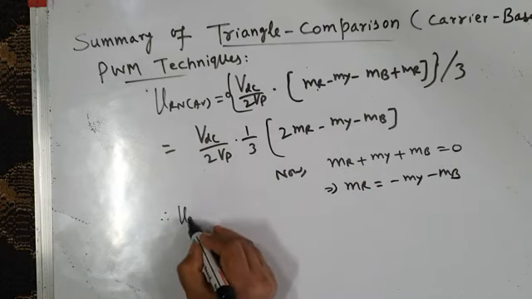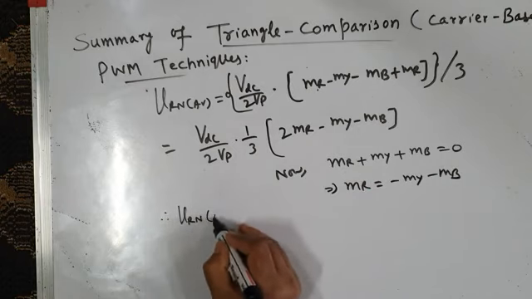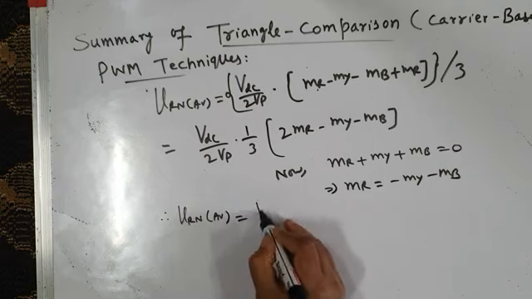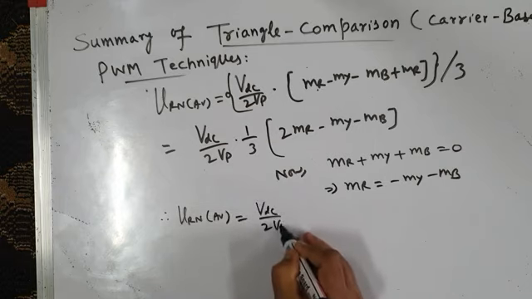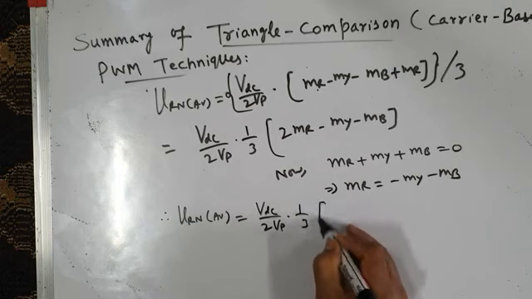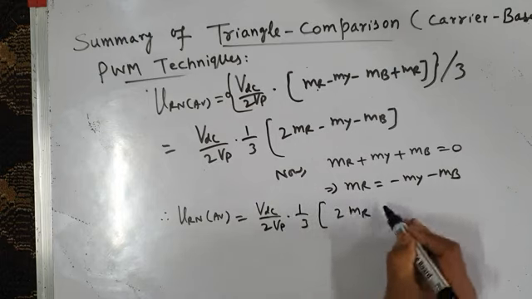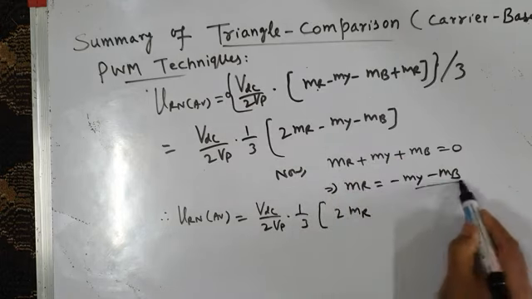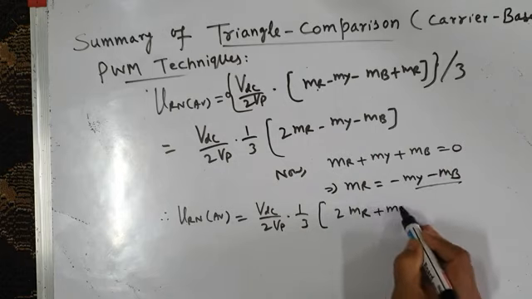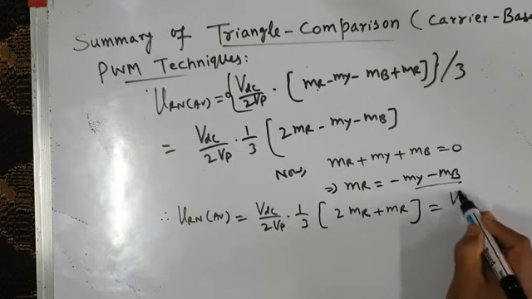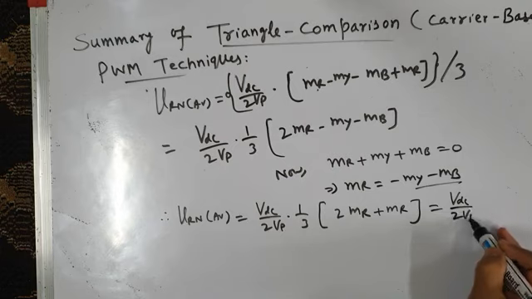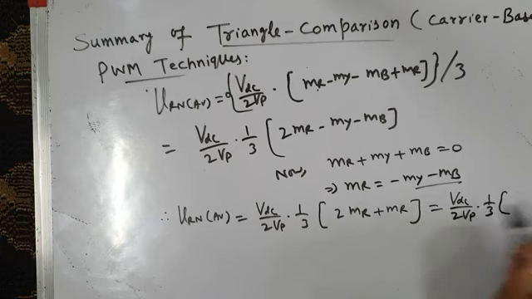Therefore the instantaneous average phase voltage VRN is equal to Vdc by 2Vp into 1 by 3 into (2Mr minus My minus Mb), and minus My minus Mb is equal to Mr. So that is equal to Vdc by 2Vp into 1 by 3 into (2 plus 1), which is 3Mr.